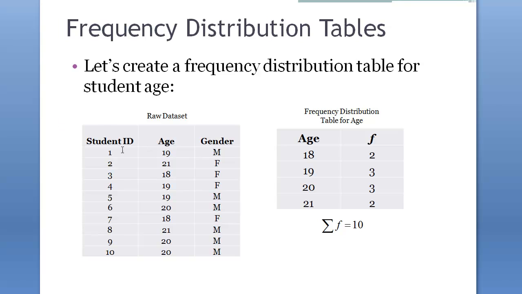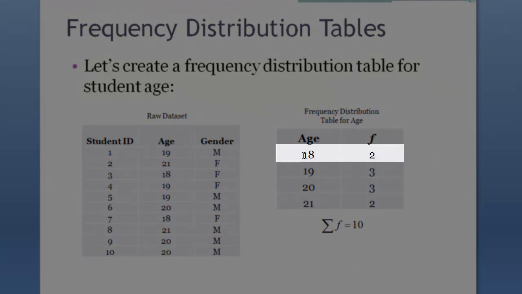For example, when you have data like this, student 1 is age 19, and student 2 is age 21, 3 is age 18, 4 is age 19, 19, 20, 18, and so on. So the frequency distribution table for age is the number of people whose age is 18.